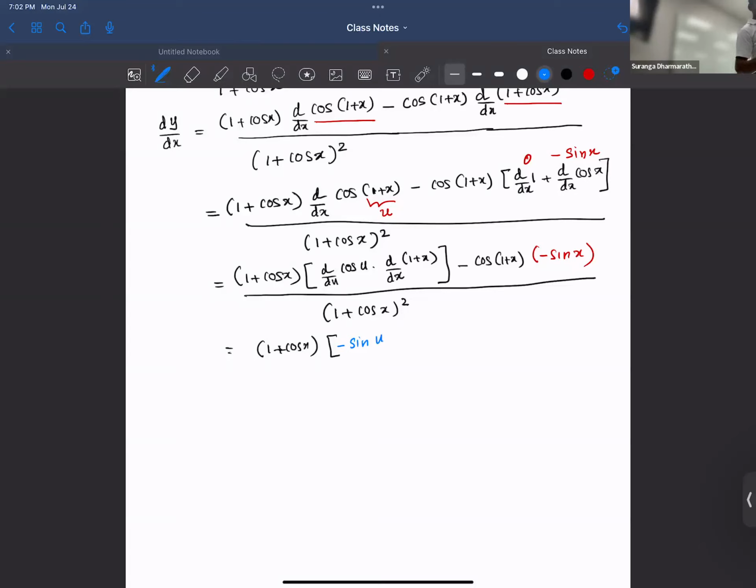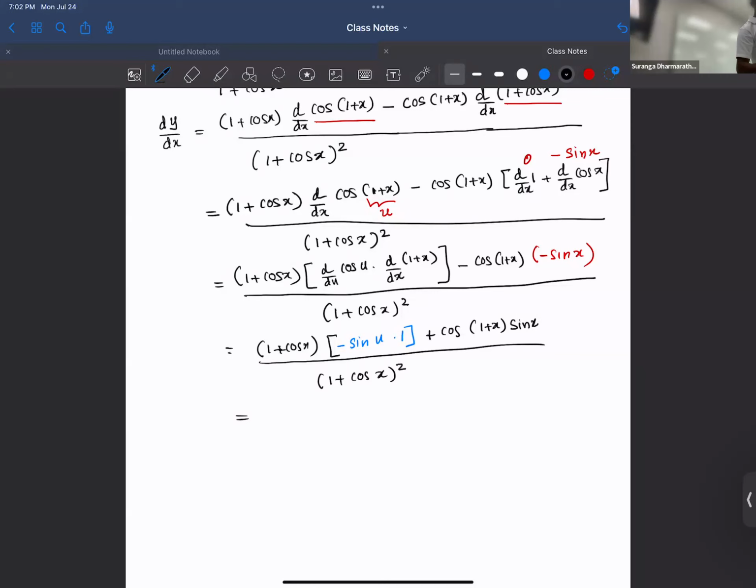Negative sine u. And then for this one, it's again a summation. d over dx of 1 is 0. d over dx of x is 1. So it's just 1. Right? Does that make sense? And then minus cosine(1 plus x). Oh, then you have, this is sine x, so this is positive sine x. And then you have 1 plus cosine x squared.